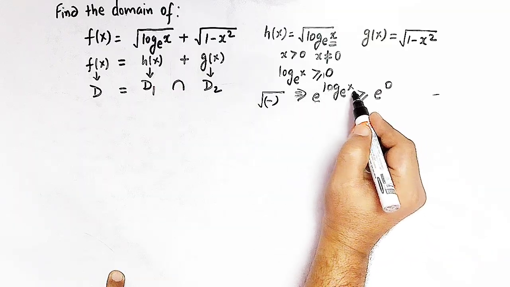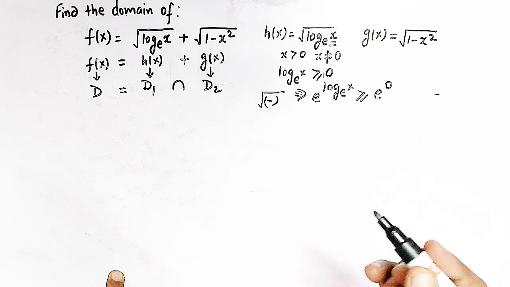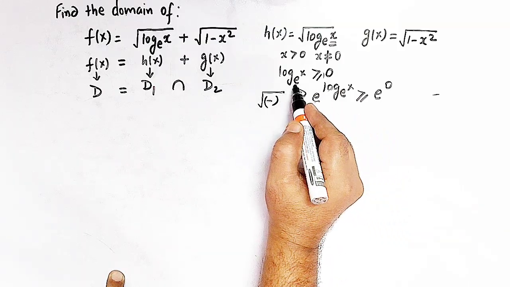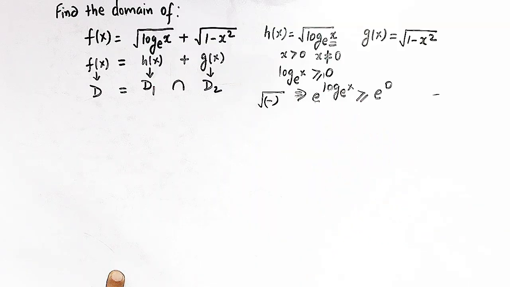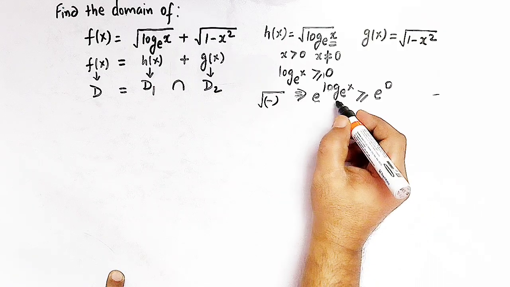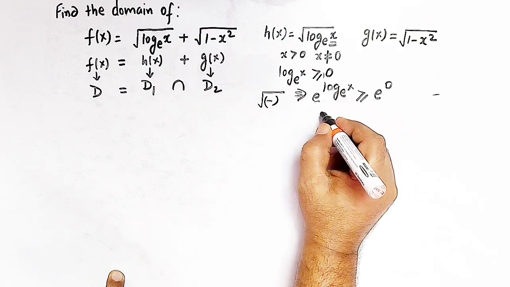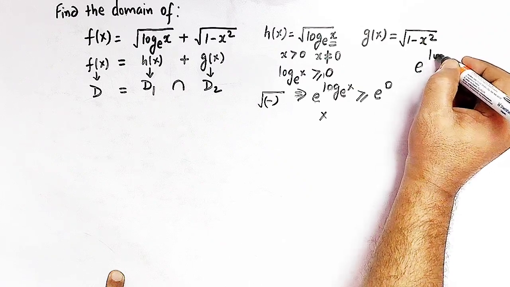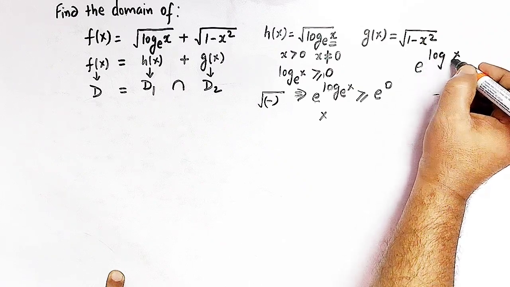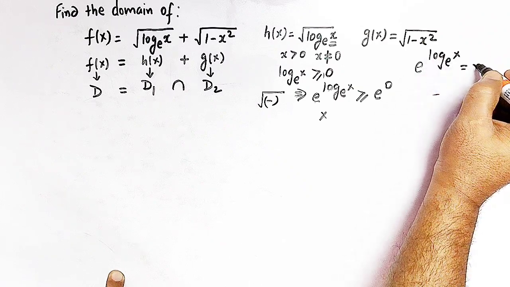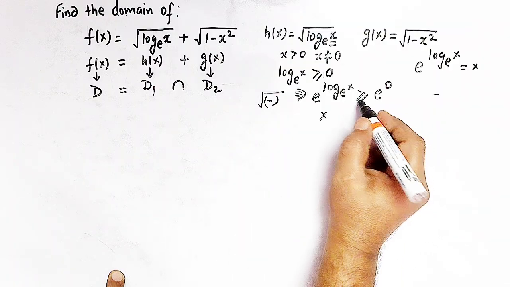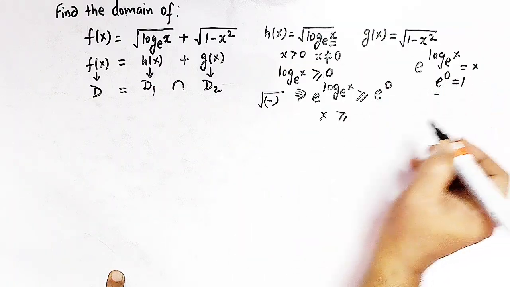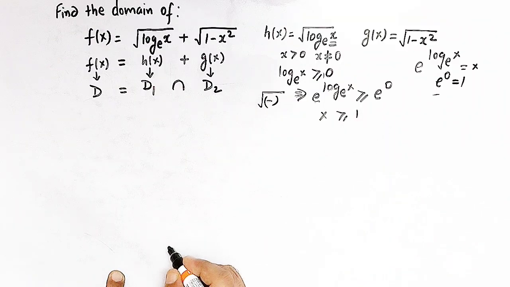And here the direction of the inequality remains the same, because log x to the base e is an increasing function, right? So here we have now simply x, because we know that e raised to logarithm of x to the base e is equal to x, right? And here we have e raised to 0 is equal to 1. So here we have a 1.